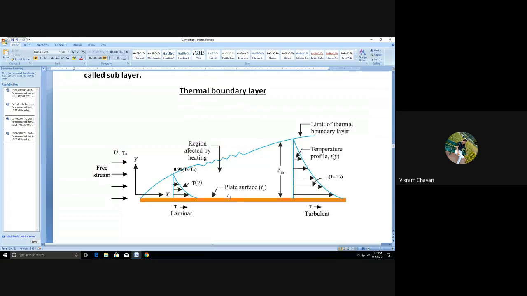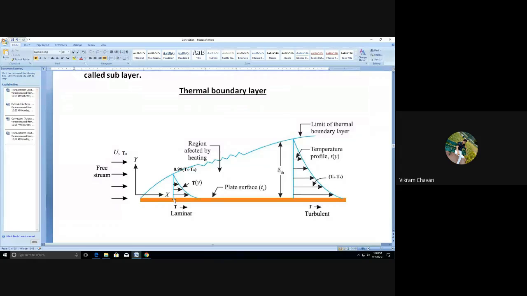We have discussed in the last lecture that the layer in contact with the surface will adhere to the surface. In a similar fashion, the first layer approaching the plate will adhere to the plate, and once it adheres, it will attain equilibrium with the plate surface.